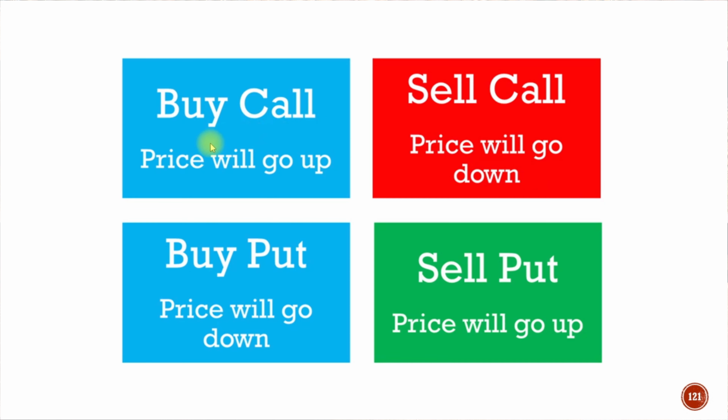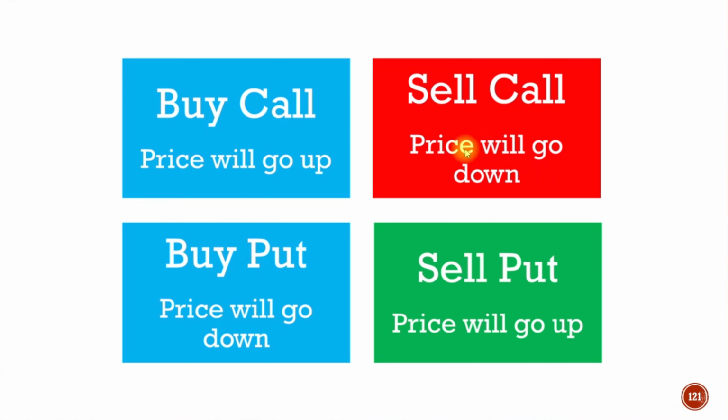If someone buys a call, the stock price goes up, and they want to exercise and have delivery of the underlying assets, the person who sells the call will have to either buy it in the open market and give it to the buyer of the call, or use their own inventory and give it over that way.